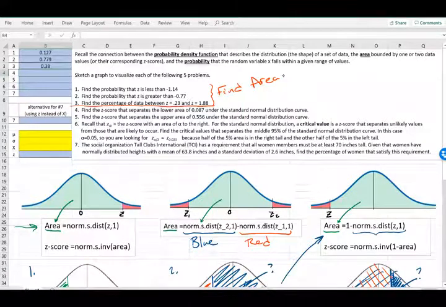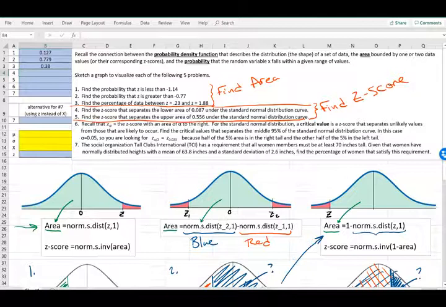Now, for numbers 4 and 5, we want to find the z-score. So in 1, 2, and 3, we're given the z-score. We wanted to find the area. Now in 4 and 5, we are given the area. We want to find the z-score. And that's just basically the opposite or the inverse of what we did in the first 3 problems.